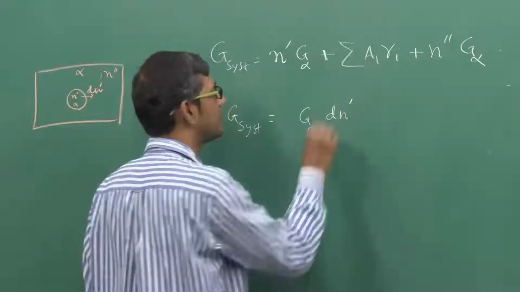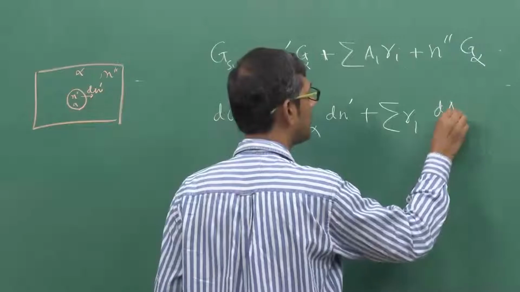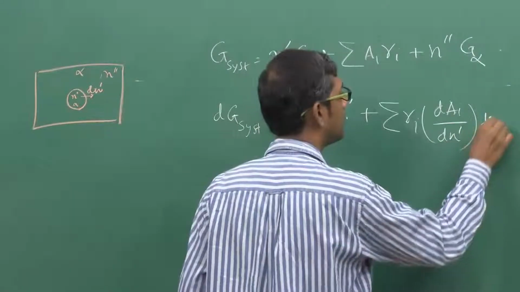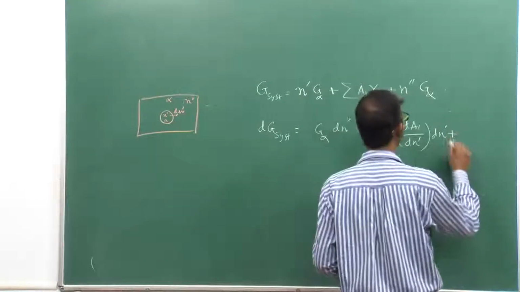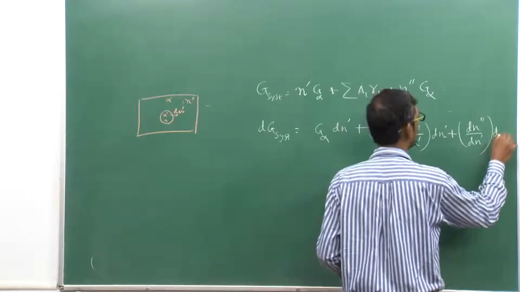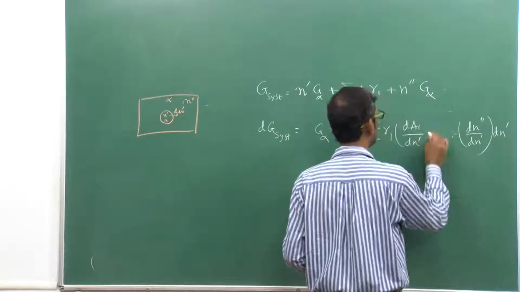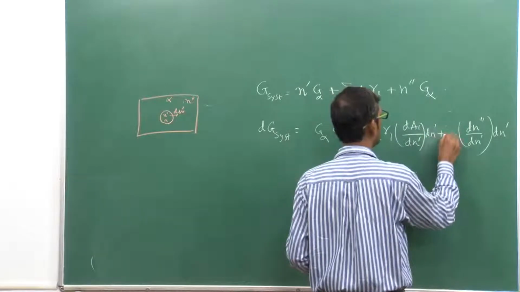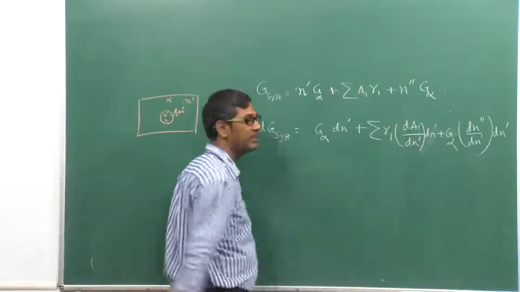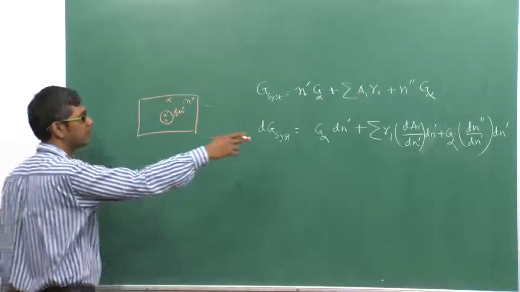So what changes is this summation term, which is the area-dependent term, and the term because of the big grain outside.